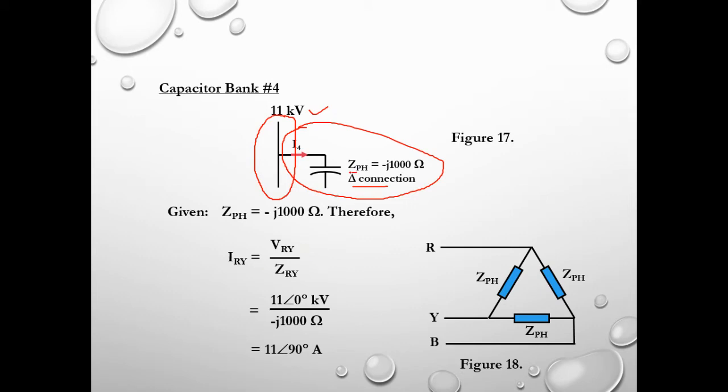It is actually a delta connection, so we can draw out in detail how it looks. So we have R, Y, B phases, and this is the phase value of impedance, which is Z.